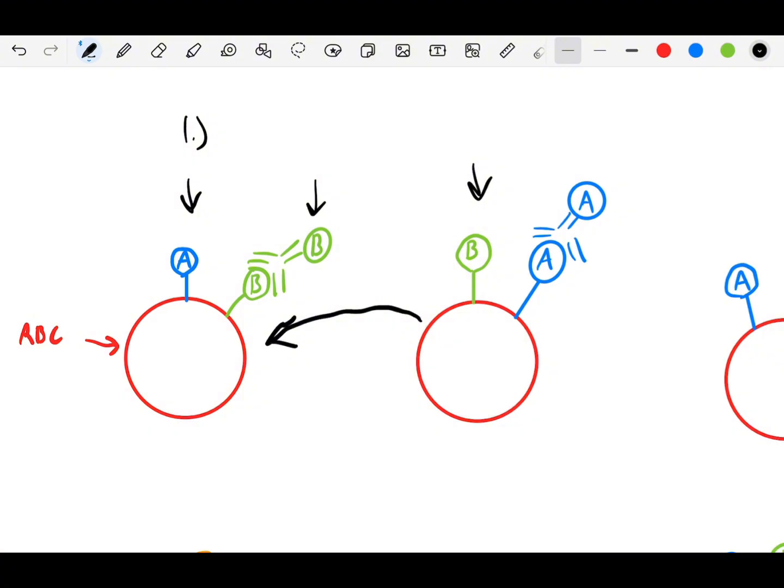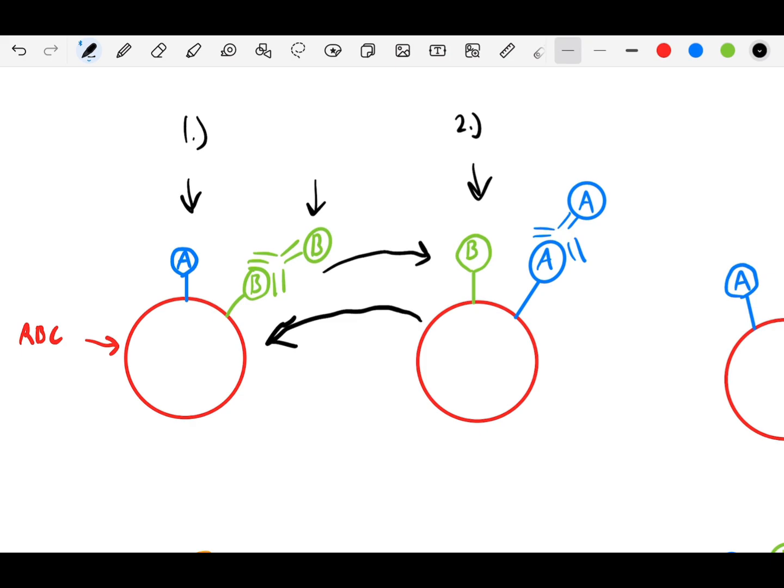If you're giving blood from person 2, this anti-B antibody floating around in their bloodstream is going to attack the B antigen from the donor, right? And this applies vice versa as well.